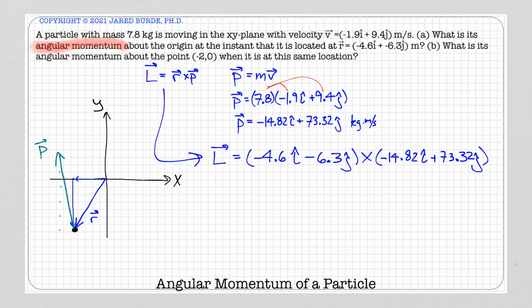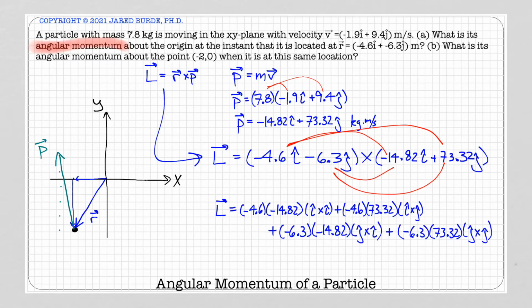Now this is a cross product, so we will distribute these terms, and we will take the cross product of each one. Here I have distributed out all of these terms. I have 4 terms for the 4 different multiplications that I'll have. In each case, I'm multiplying the coefficients, and then the cross product is going to be between the unit vectors.